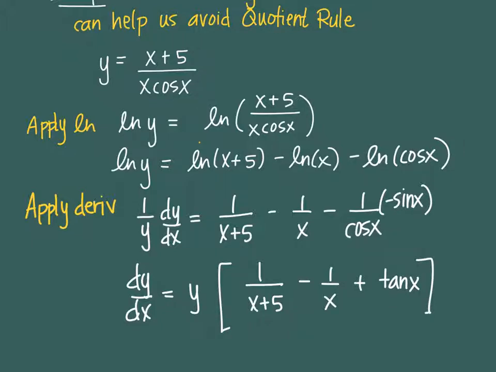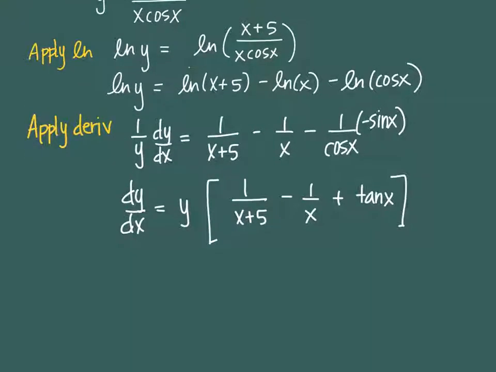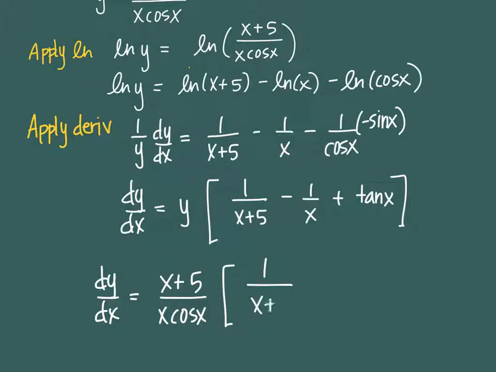And then you can replace y with the original expression, so x plus 5 over x cos x, times 1 over x plus 5 minus 1 over x plus tan x. That's just a lot cleaner of an answer than the quotient rule.